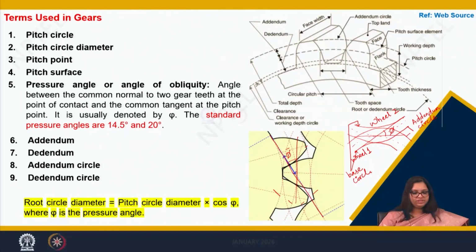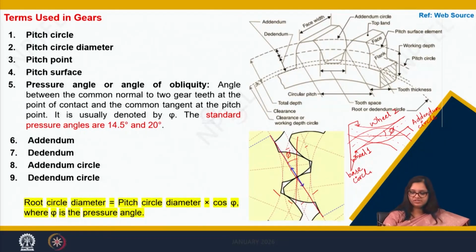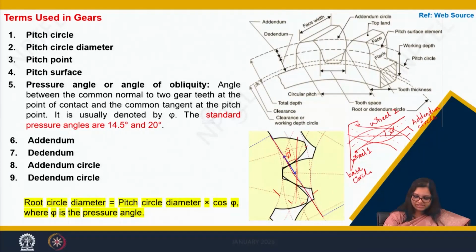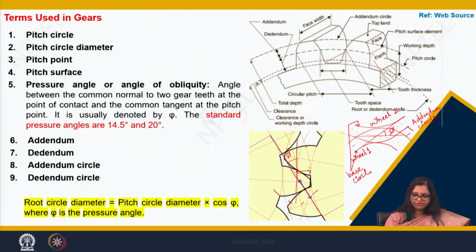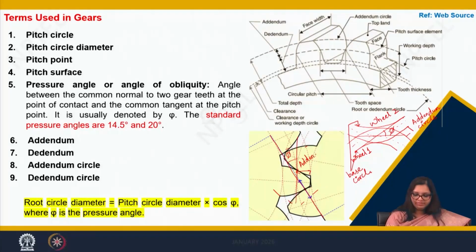Now, the sixth term is addendum. The radial distance of this addendum circle, that is the top circle or outermost circle which passes through the top of the tooth, we call the addendum.